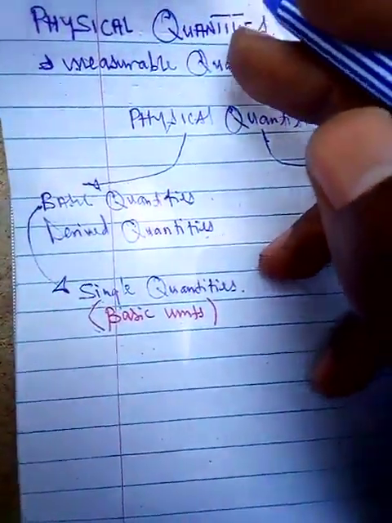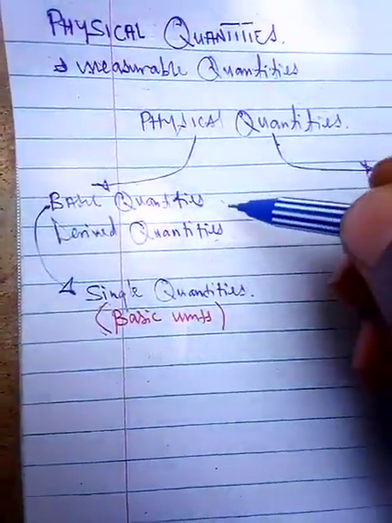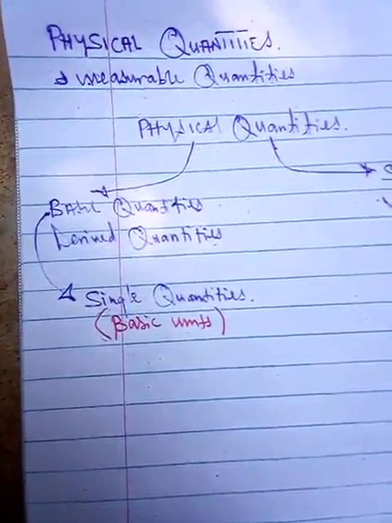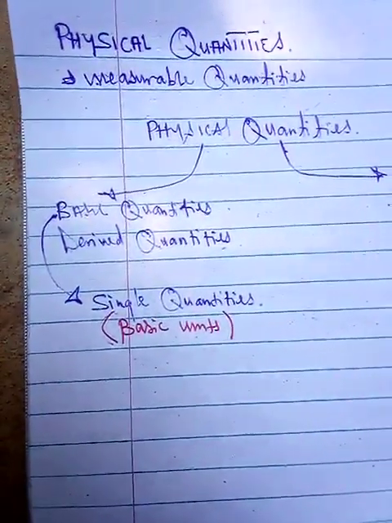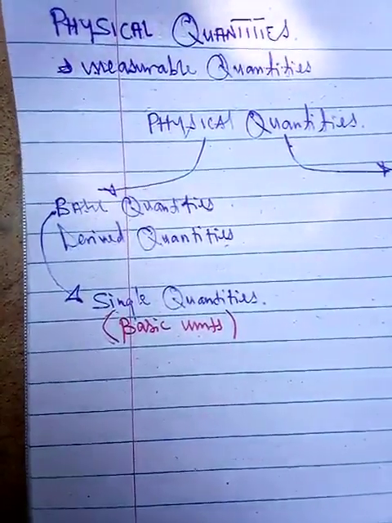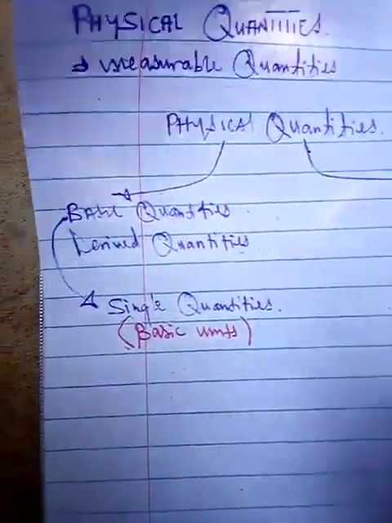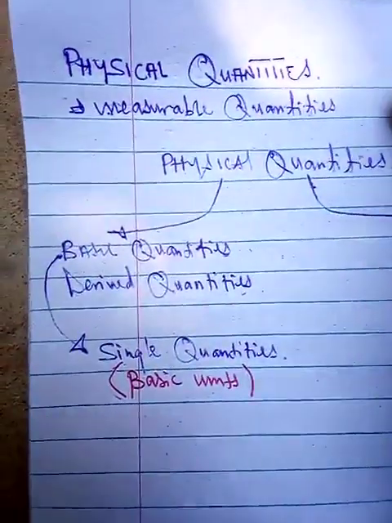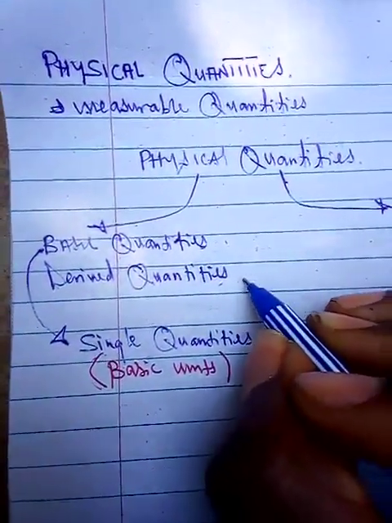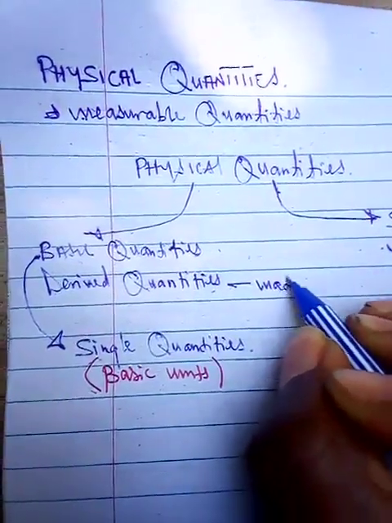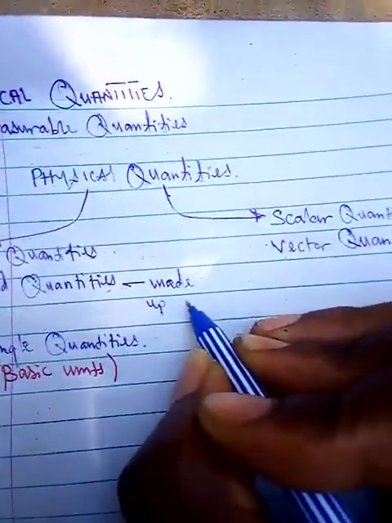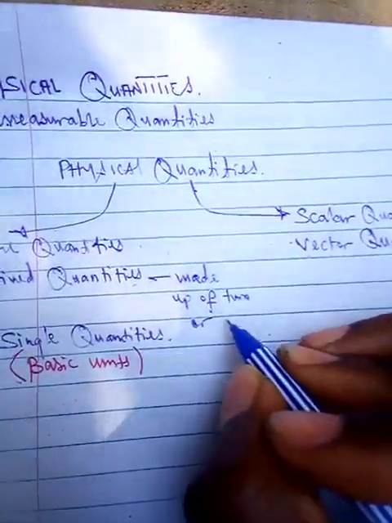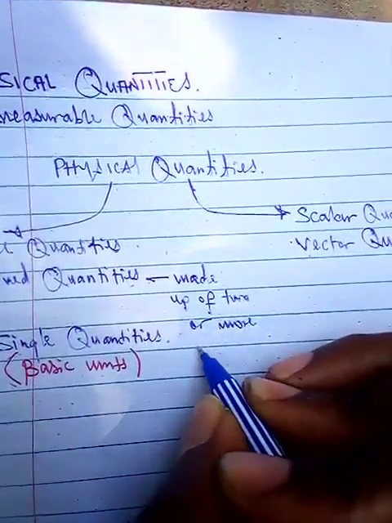If basic quantities are single quantities, then derived quantities are quantities which are made up of two or more basic quantities, two or more single quantities, or if you want, you can say two or more foundational quantities.